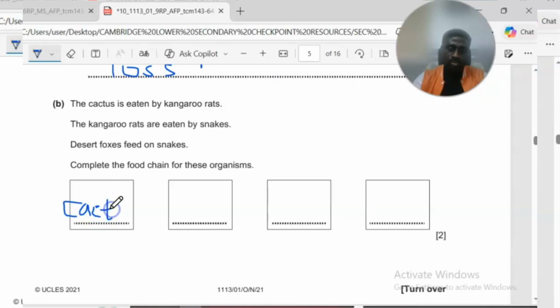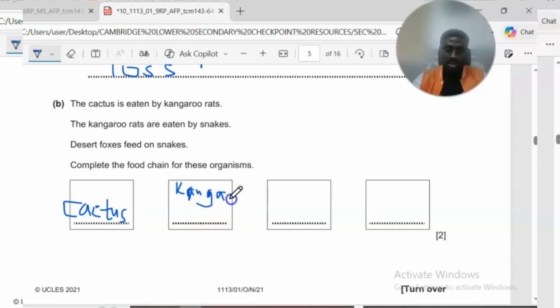Cactus. Then is eaten by kangaroo rats. So what follows the cactus will be the kangaroo rats. They feed on the cactus plant.